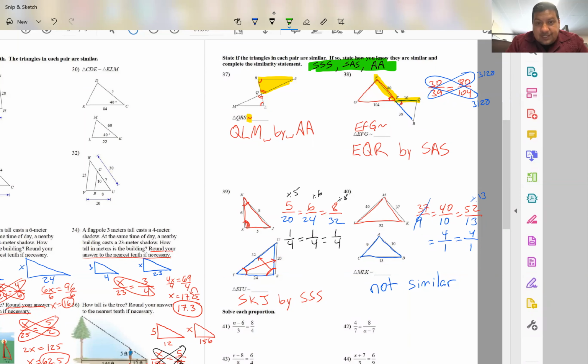For side, angle, side, if you look at question number 38, I'm using 2 sides and the included angle. For angle, angle, I'm only using 2 angles. You see number 37. In some cases, it is not similar. You see it in number 40. So on the notes, I gave you one of each. Your homework, you have 10 questions. So obviously, I'm going to give you more than one for each.